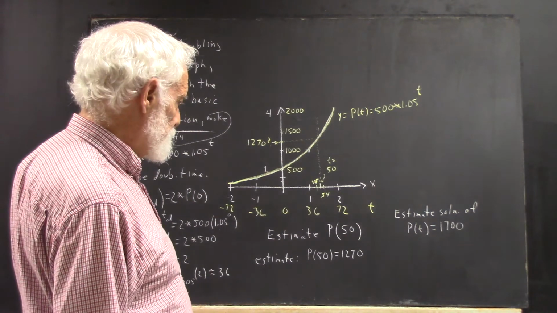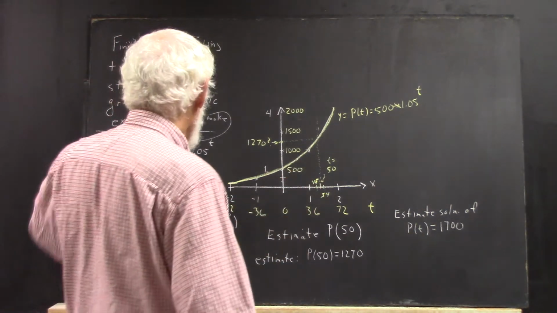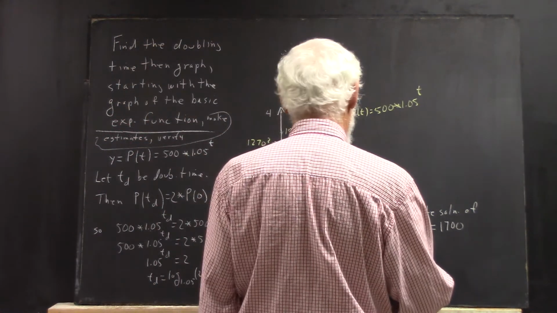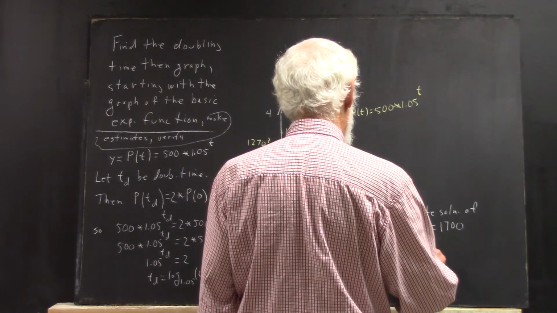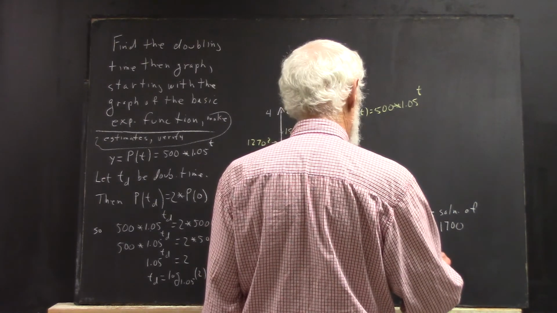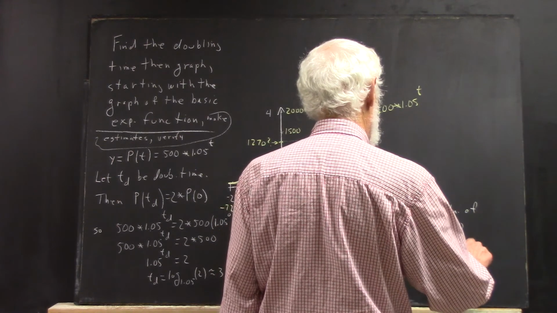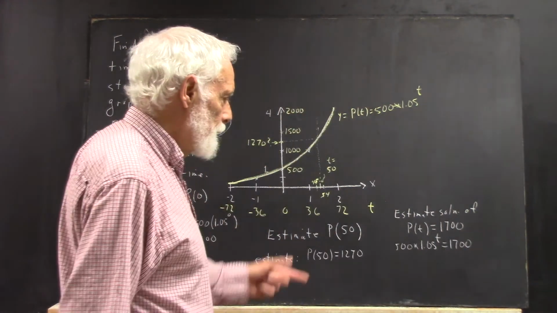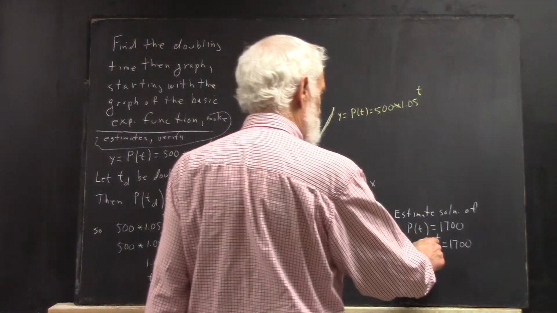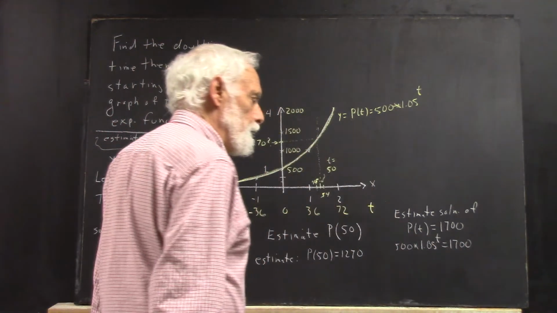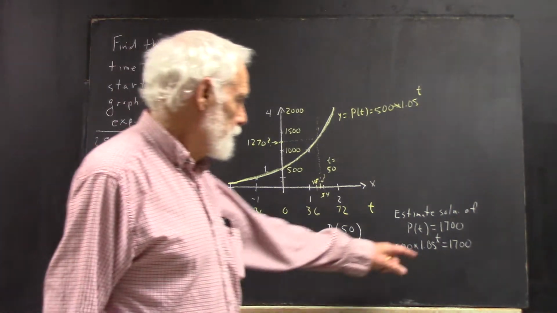Okay? And of course, we could write out that equation in the form that you would want to write it to manipulate, but we want to use the P of t notation and understand what that notation is saying. So I'm going to write it that way, but okay, you got 500 times 1.05 to the t equals 1,700. Now that's an easy equation to solve.